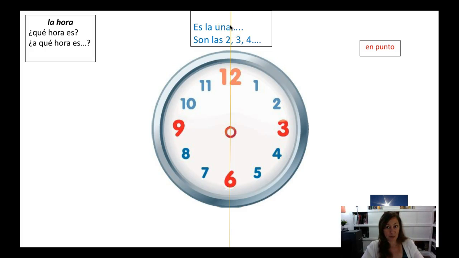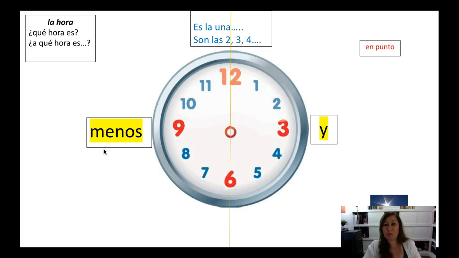Now I want you to think of the clock like two sides, to envision it that way. This side is going to be y, meaning when the minute hand is on this side of the clock, we're going to use this word y. And when the minute hand is on this side of the clock, we're going to use the word menos. You might remember the word menos from doing math together. So, y cinco.